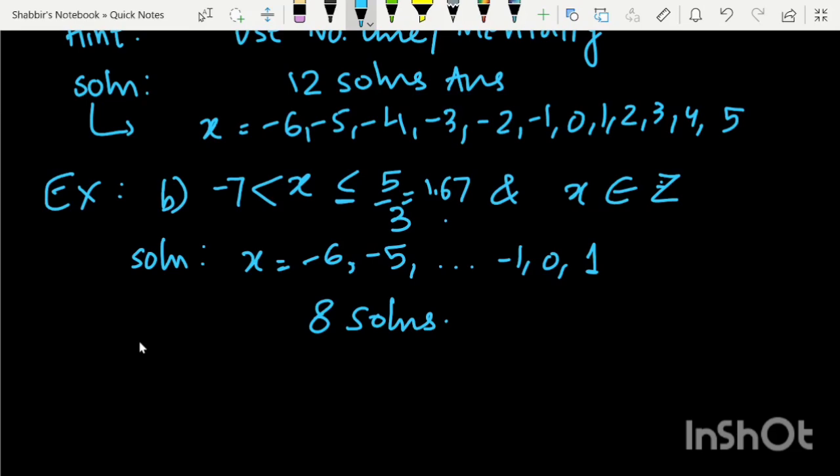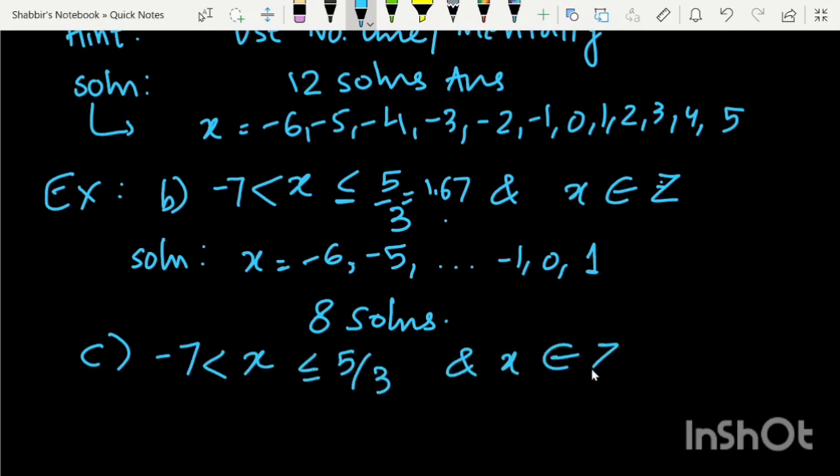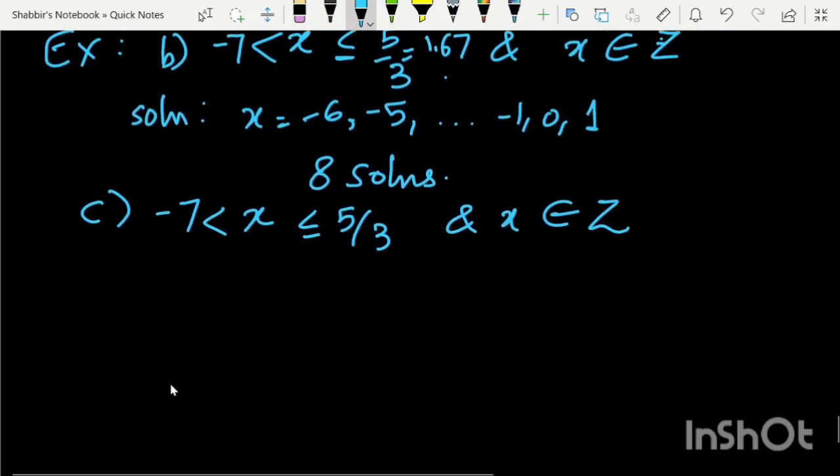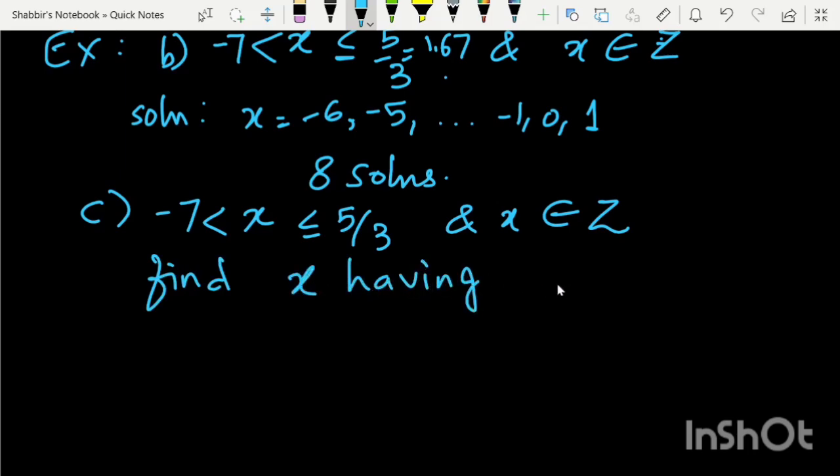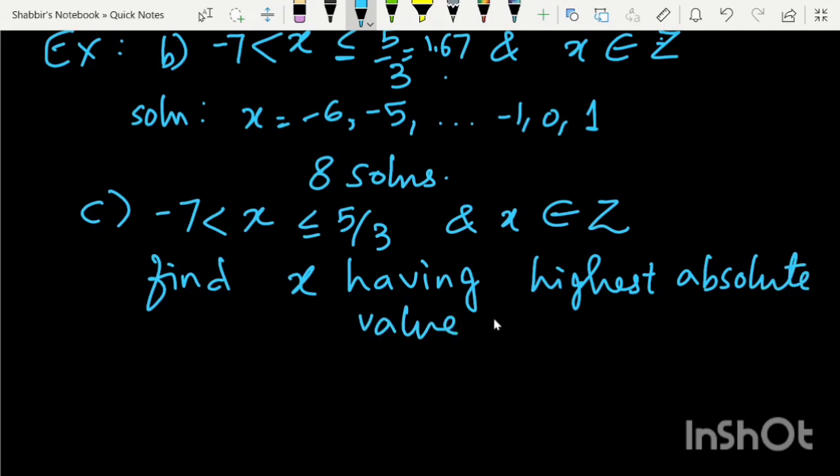Now in the same question, let's say x is from -7 to 5 by 3, same, and x belongs to Z. Now if I ask you, find x having the highest absolute value, or highest magnitude.